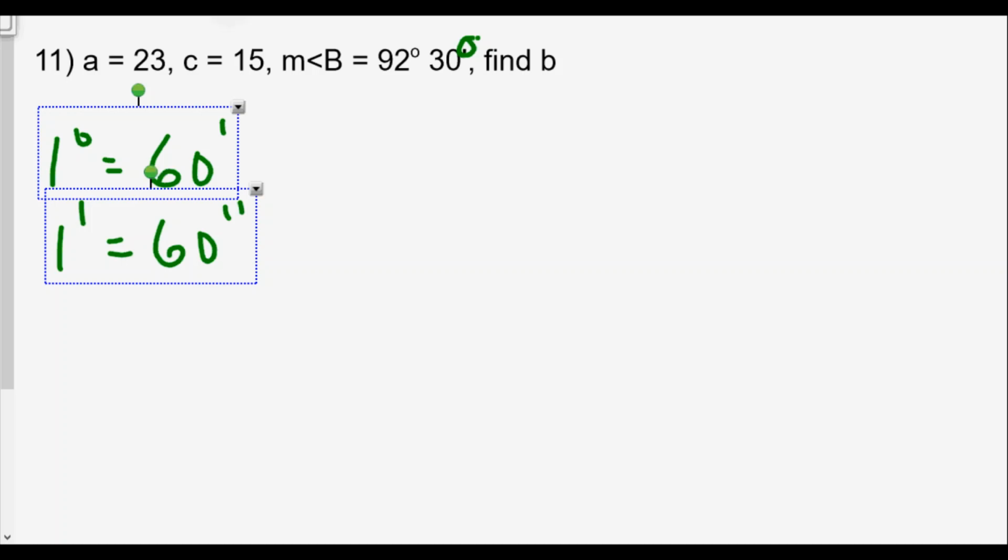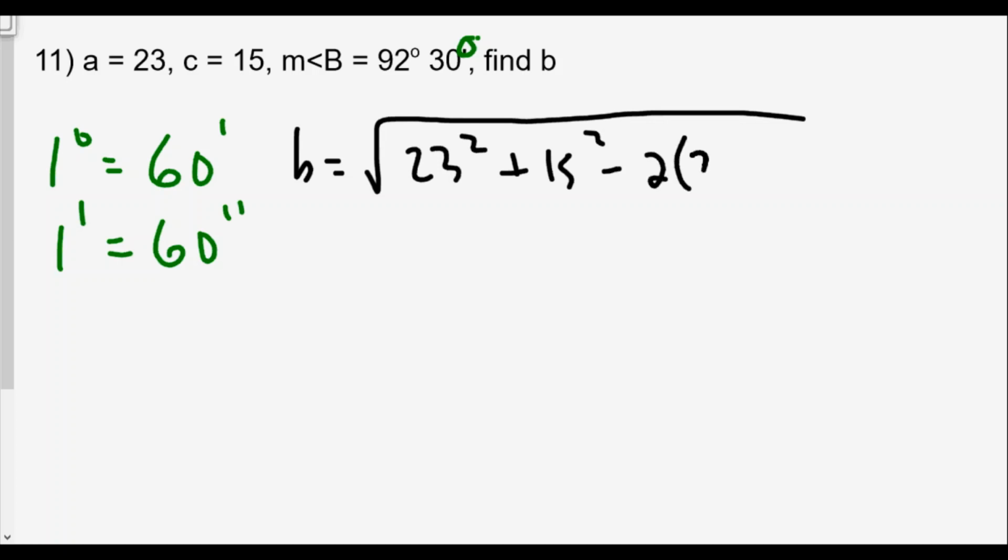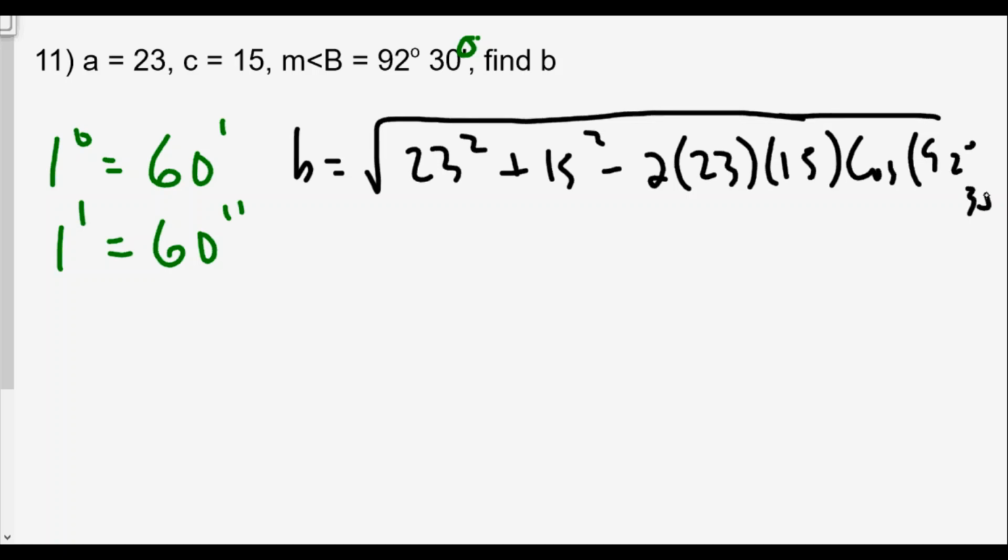Here, we're trying to find B. So B is equal to the square root of 23 squared plus 15 squared minus 2 times 23 times 15 times the cosine of, now here's the thing, 92 degrees and 30 minutes. Now how do we enter this in the calculator? Okay, so here we go.